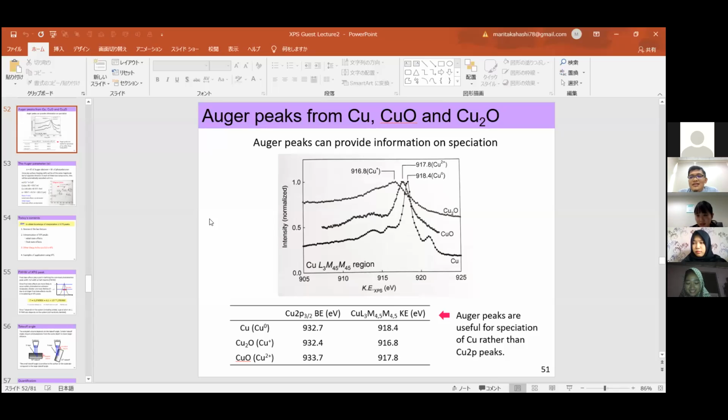For that case, is it possible in XPS spectrum to use, for example, something like Auger electron cutoff, so we can filter the Auger electron during measurement? Is it possible we do that by using XPS?